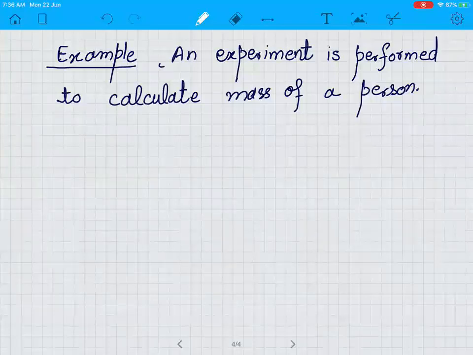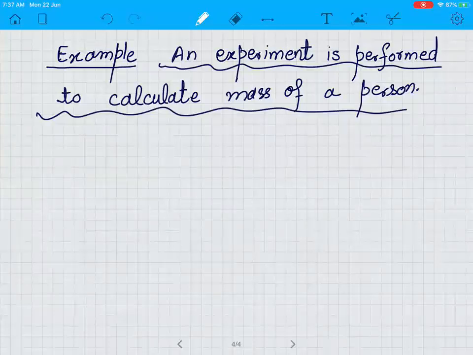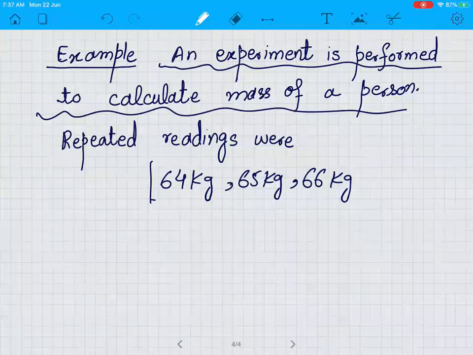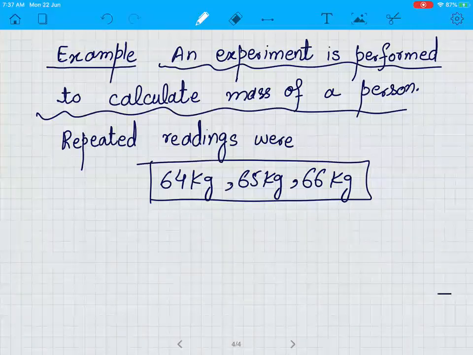So you perform an experiment to find the mass of a person. Repeated readings were 64 kg, 65 kg, and 66 kg. You took 3 trials of the reading. You repeated the experiment twice, and you got the readings 64, 65, and 66 kg.